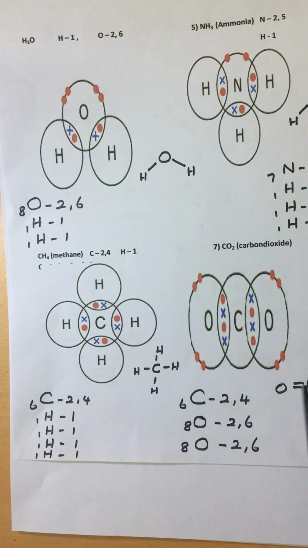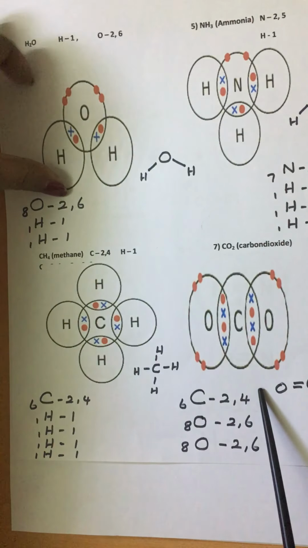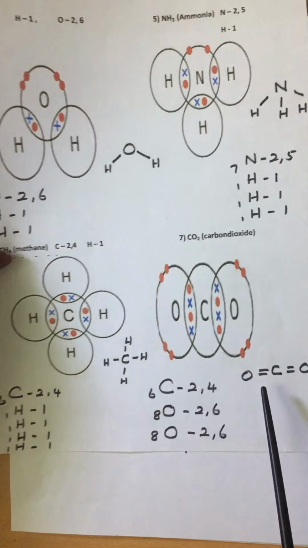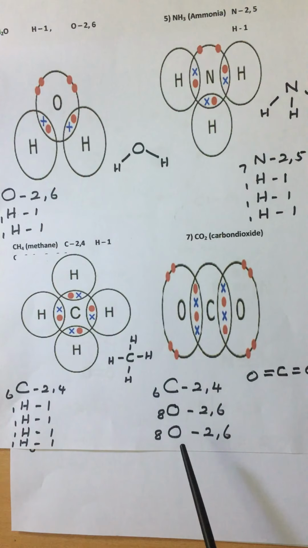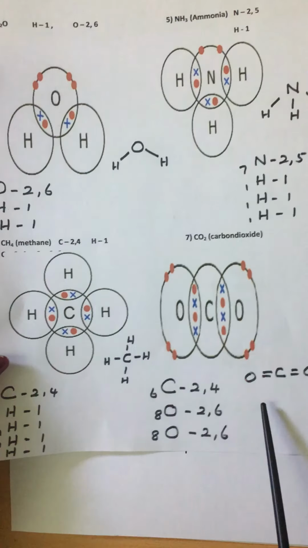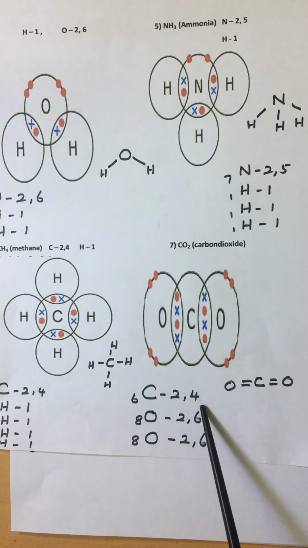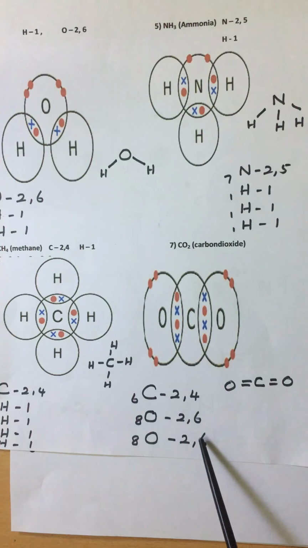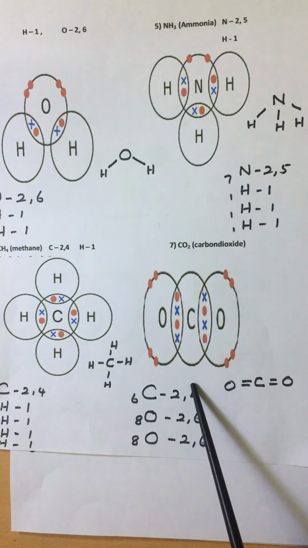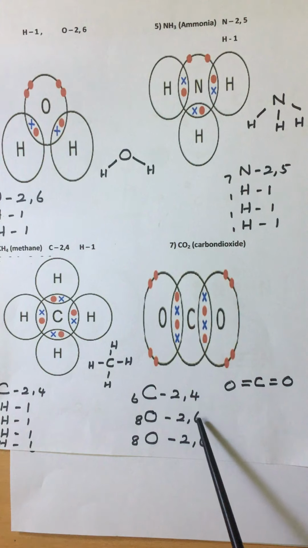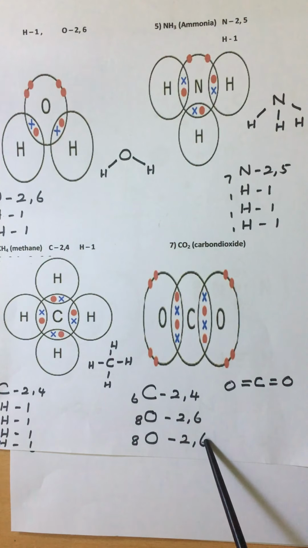Then carbon dioxide. Carbon dioxide is carbon with 2 oxygens, CO2. So here carbon 6, 2, 4, oxygen 6. So the carbon needs 4 more electrons, oxygen needs 2 electrons.